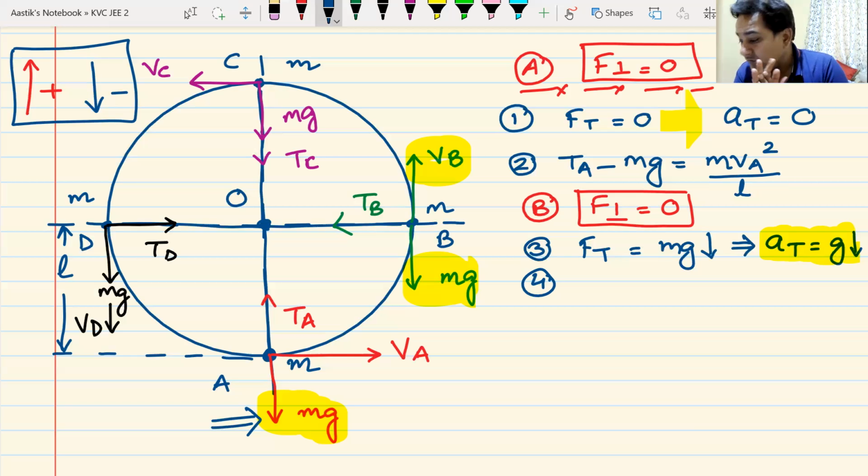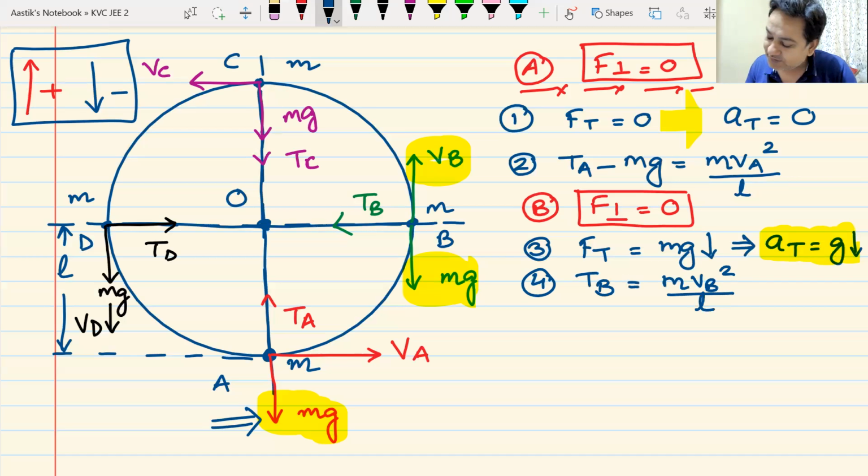Tb equals mVb square by L. Yes. Now see, all of a sudden weight has disappeared. Weight is nowhere. It's only tension that we must be concentrating on. So tension at point B is equal to m into Vb square by L. Do we all understand these equations?